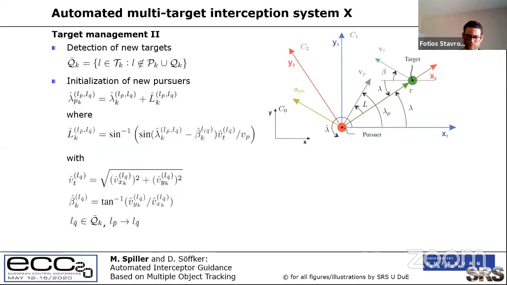New targets are detected as track labels that are neither element of the pursuer nor of the target list. For each new target, a new pursuing object needs to be initialized. For the new pursuer, the initial heading angle needs to be calculated. This can be done based on the collision triangle equation.